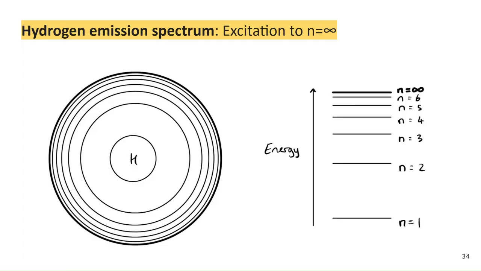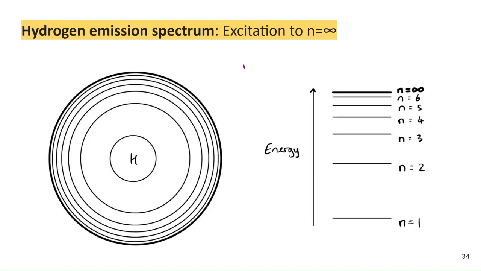So to answer the question, when you give an electron enough energy to reach n equals infinity, the electron escapes, because n equals infinity is really what we call the edge of the atom. So when you give it enough energy to reach the edge, it can escape from the pull of the positive protons here.